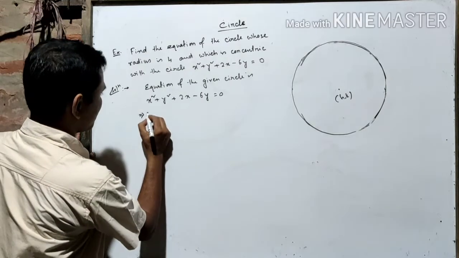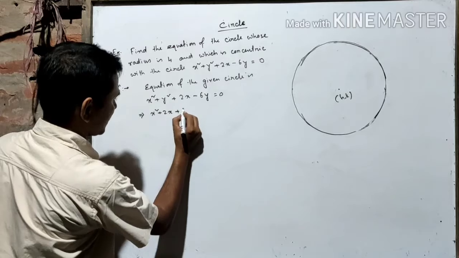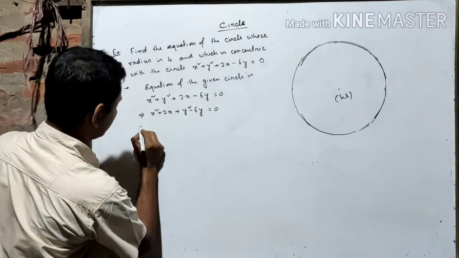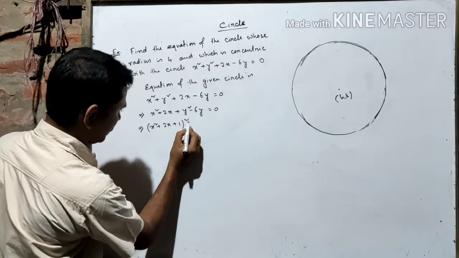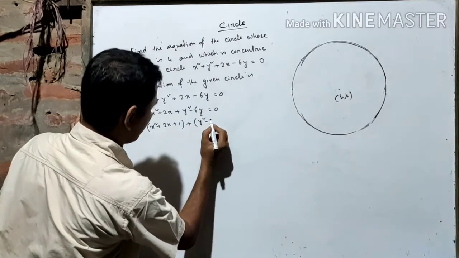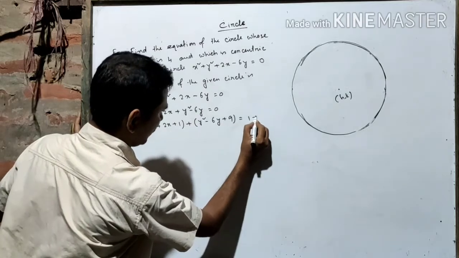This implies x square plus twice x plus y square minus 6y equal to 0. This implies x square plus twice x plus 1, whole square, plus 1, plus y square minus 6y plus 9 is equal to 1 plus 9.